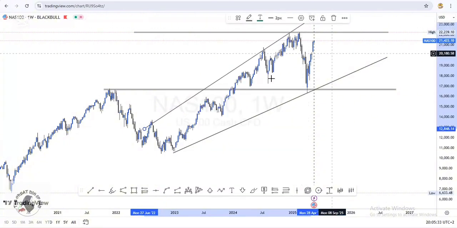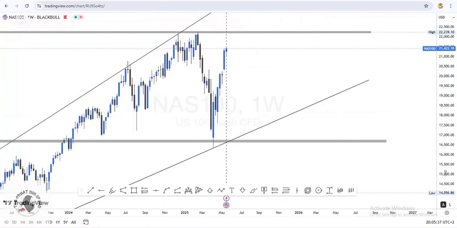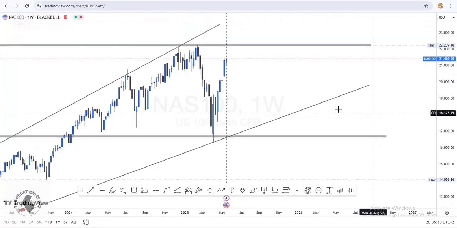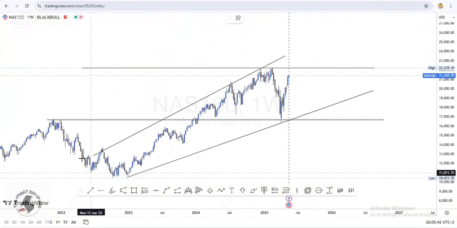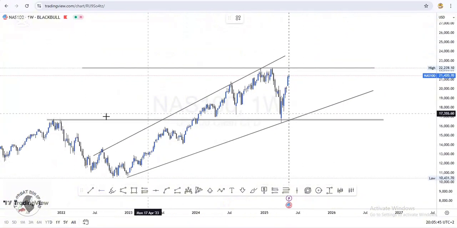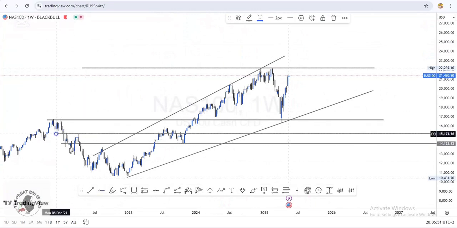Then from there we need to identify places where the market touches and the market reverses, which we call zones. Where the market has been rejecting or reversing, that's where you put this horizontal ray line.